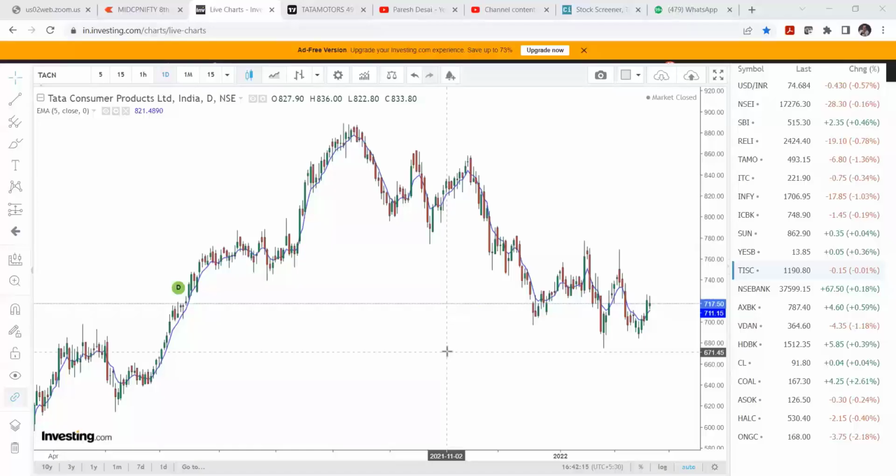So 3x reward and 1x risk. If you don't see a 3:1 reward to risk ratio, don't go for those trades. So one part is identifying the stock, and second is the entry point. To find the entry point, this EMA criteria can be used, which is used quite frequently.